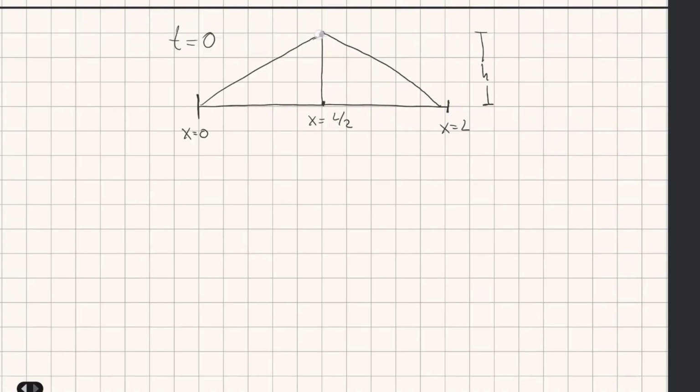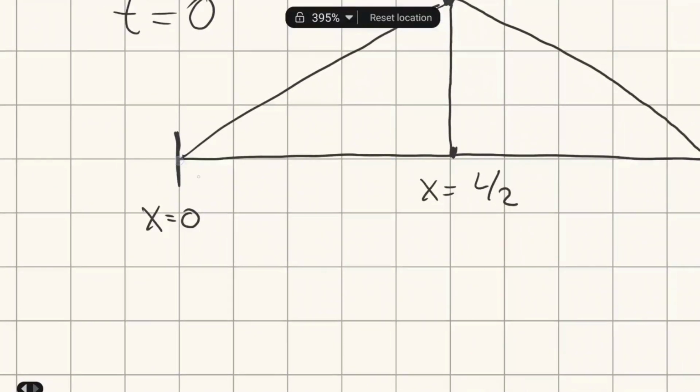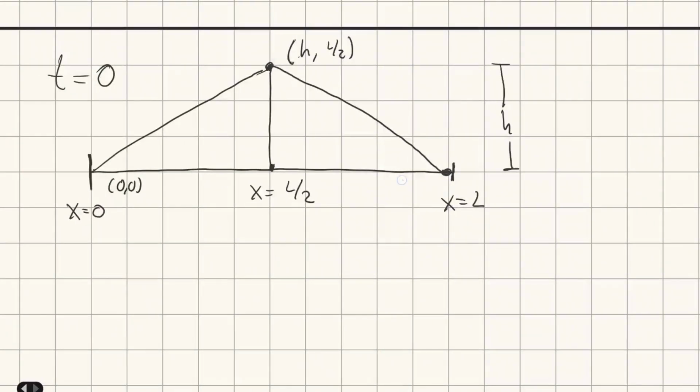We know that this point has the coordinates L divided by 2, h. This is the point 0, 0, and this is the point L, 0, right?